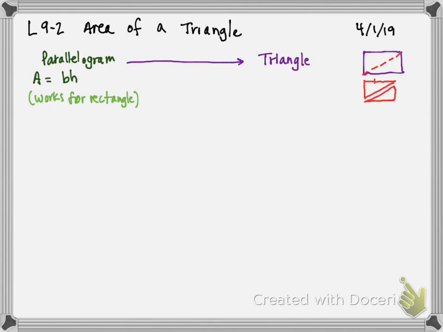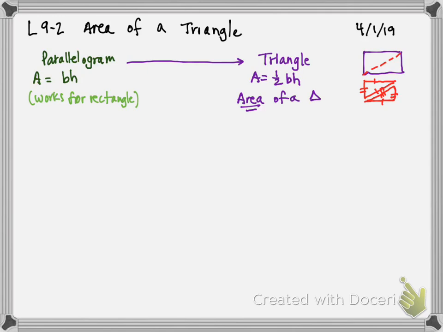So this side is congruent to this side is congruent to this side is congruent to this side, and it all matches up. Okay, so the formula for the area of a triangle is going to be 1/2 that of the area of a parallelogram. Okay, so that's the area of a triangle. And I like to use the symbol of a triangle.